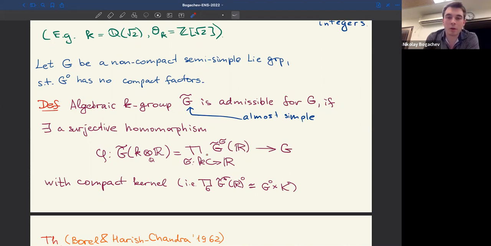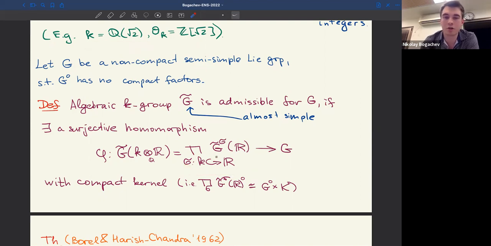So we will have exactly as many components in this product as the degree of the field K. In this particular case, when K is Q(√2), we will have just two components in this product.